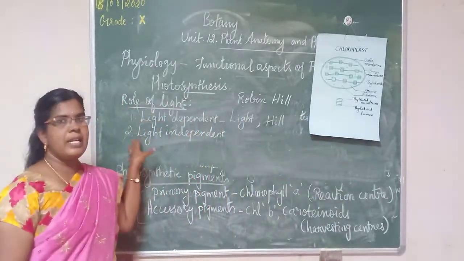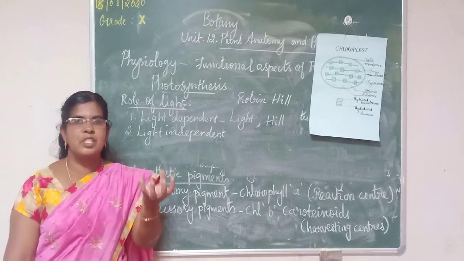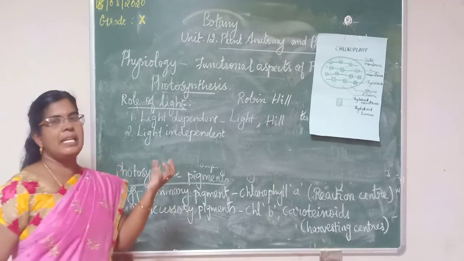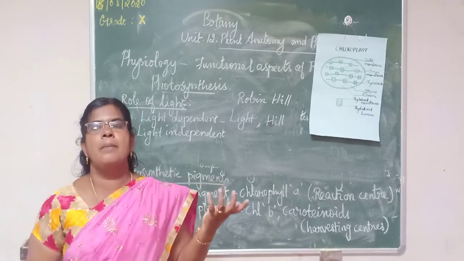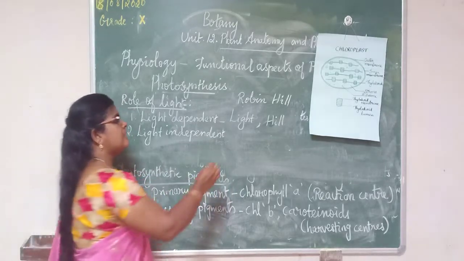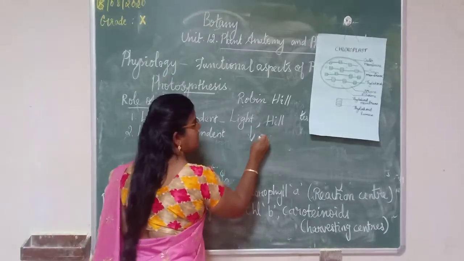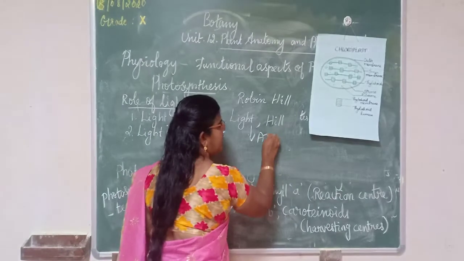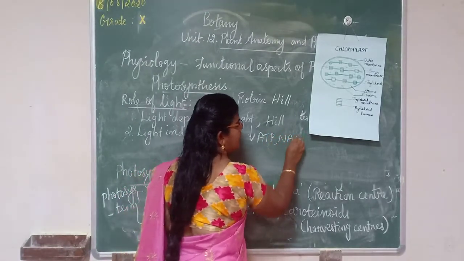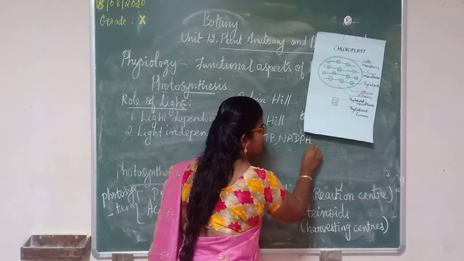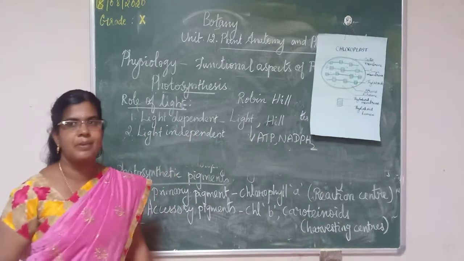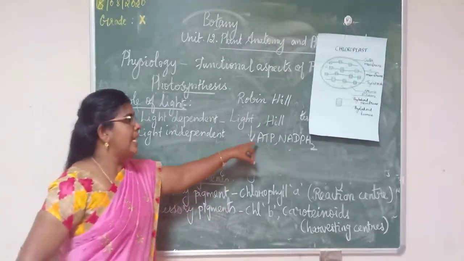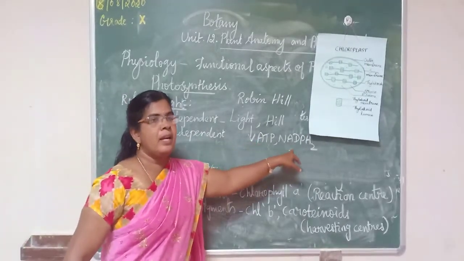During the light reaction, light is captured by chlorophyll pigments and converted into chemical energy, ATP and NADPH2. These are the products of the light reaction. What are the products of the light reaction? Yes, ATP and NADPH2.